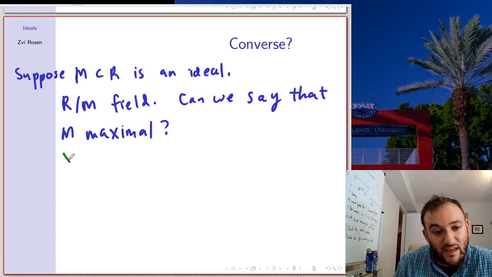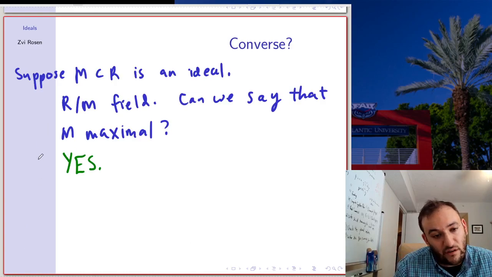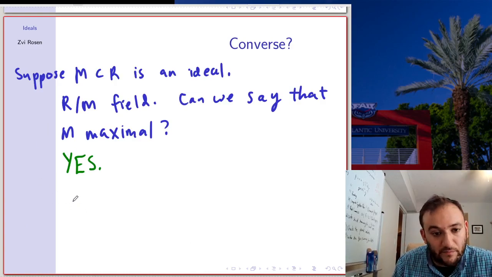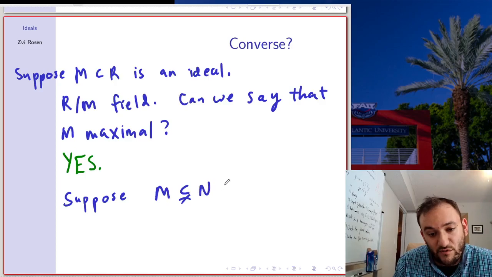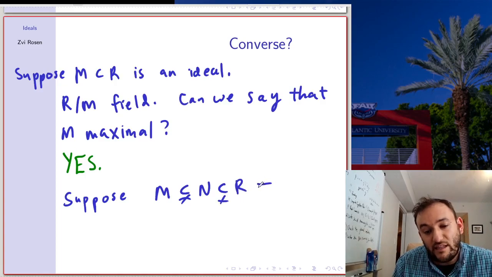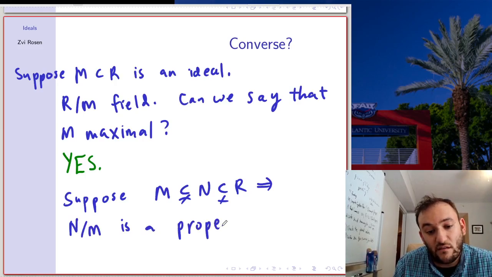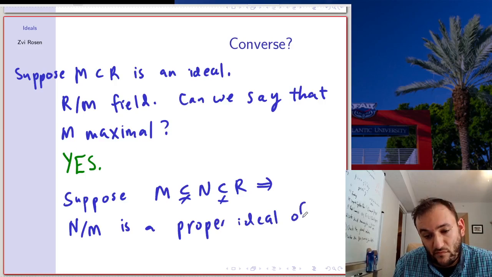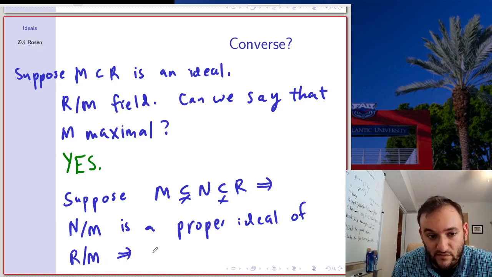Okay, and the answer to that is yes. And how can we prove it? By a very similar idea. Suppose we have some N which properly contains M and is properly contained in R, then that means that N mod M is a proper ideal of R mod M, which contradicts the idea that it's a field.